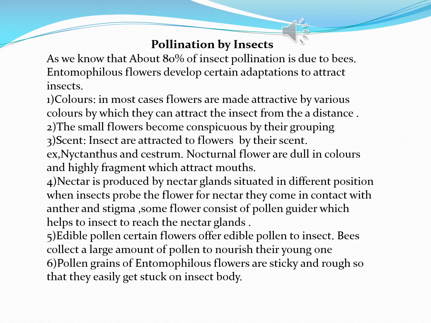In most cases flowers are made attractive by various colors, by which they can attract insects from a distance. The flower consists of different parts, especially the petals. These petals are colored in nature, and they attract insects for pollination.